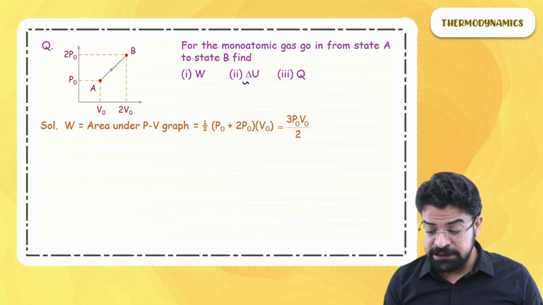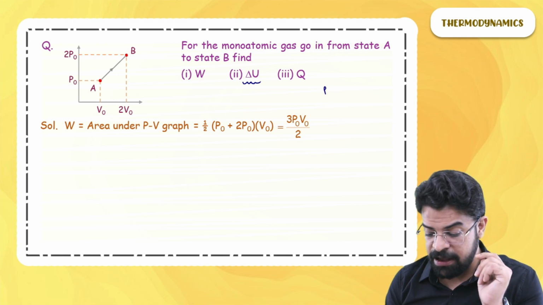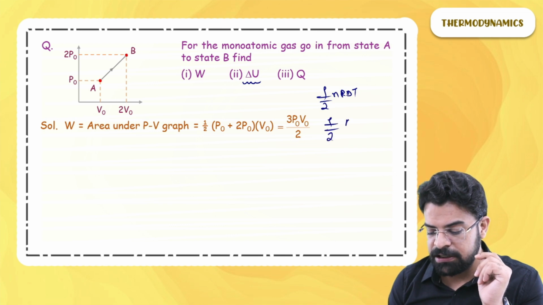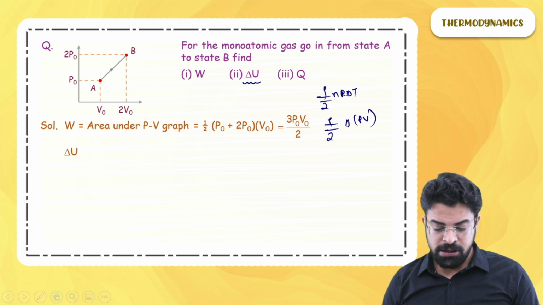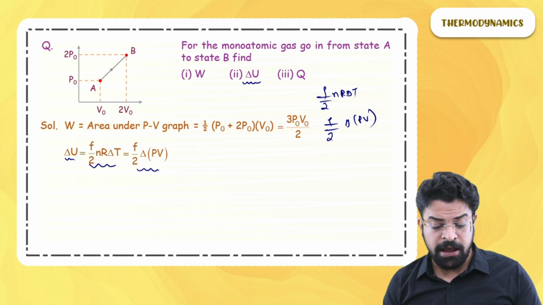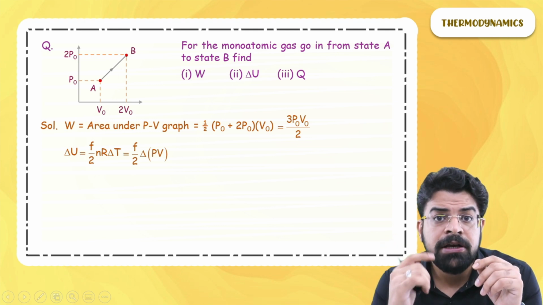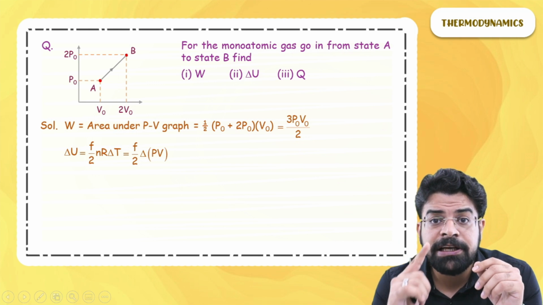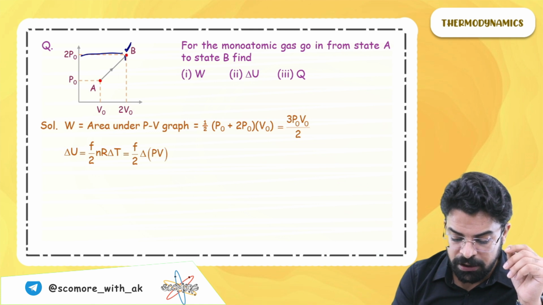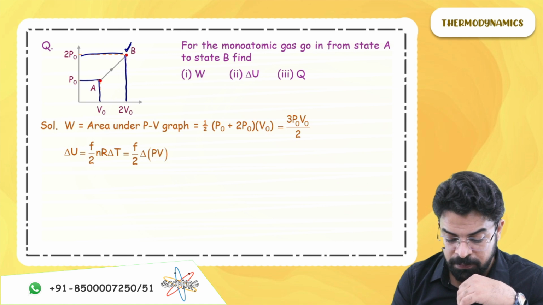Now, what is the change in internal energy? We know that the change in internal energy can be written as F by 2 R delta T, or F by 2 delta PV, right? When I say delta PV, what is the meaning of delta PV? P final V final minus P initial V initial. The P final V final will be 2P0 into 2V0, minus P initial V initial, which is P0 into V0.